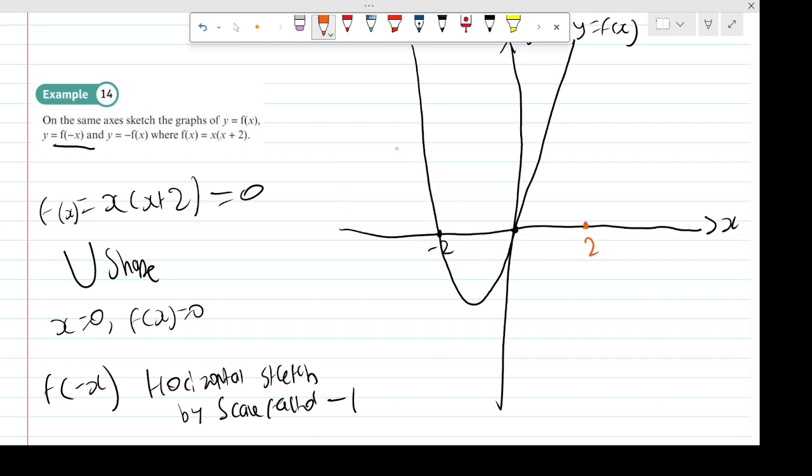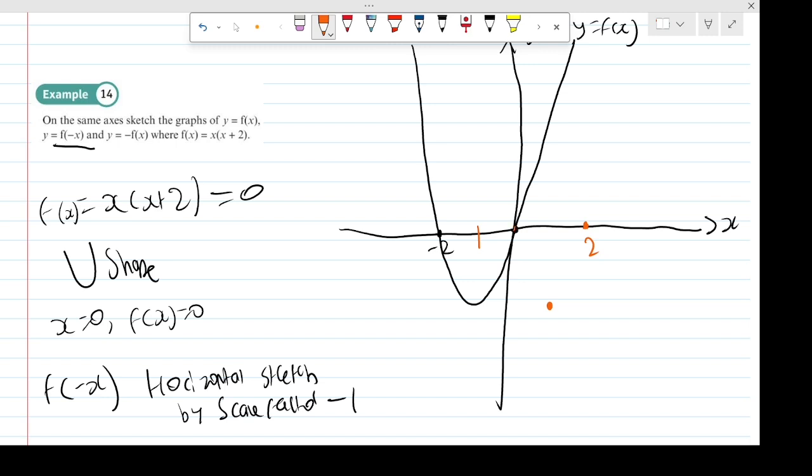Then 0 will still be at 0, the origin, because 0 isn't affected by -1. This turning point is on the negative x-axis, so it would move over to the positive x-axis, the same sort of distance.